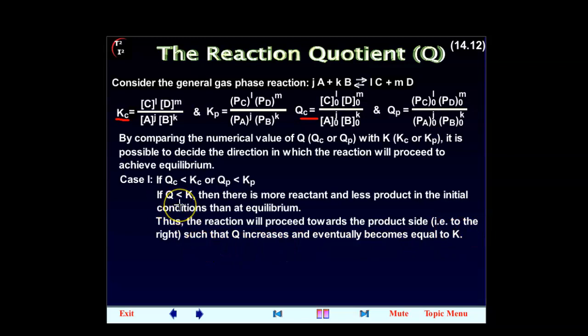So if your Q is less than K, that means the reaction quotient is less than the equilibrium constant, then the reaction will proceed towards the product side. That means the reaction will shift to your right, just like we did in Le Chatelier's principle. All right?